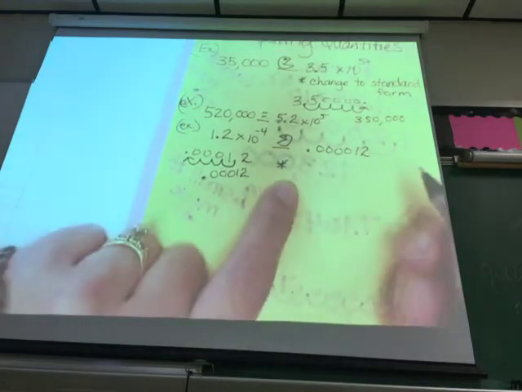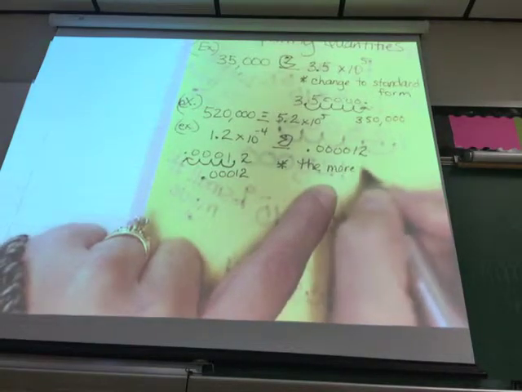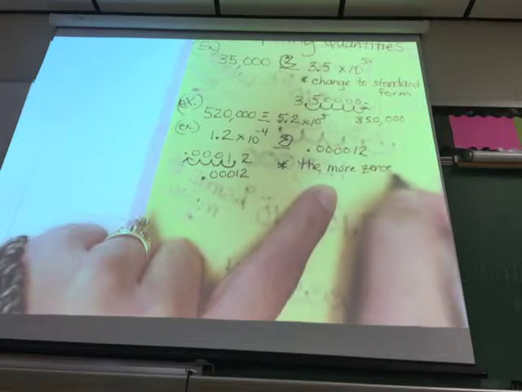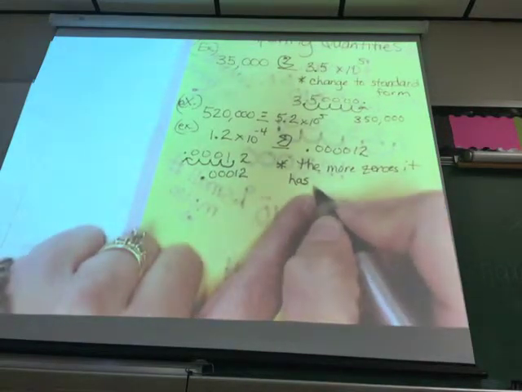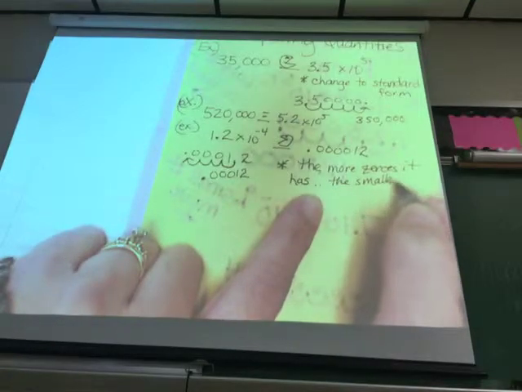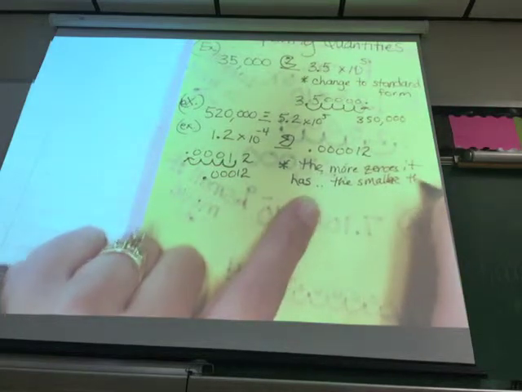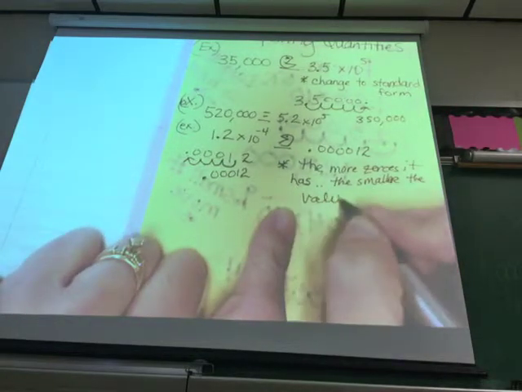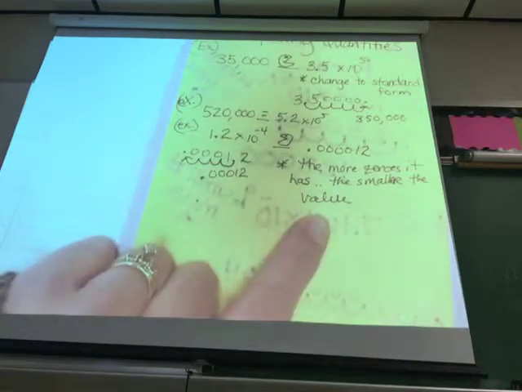Let's put us a little star note that says the more zeros it has, the smaller the value. All right. So the more zeros it has, the smaller the value. So Pac-Man's going to eat this one.